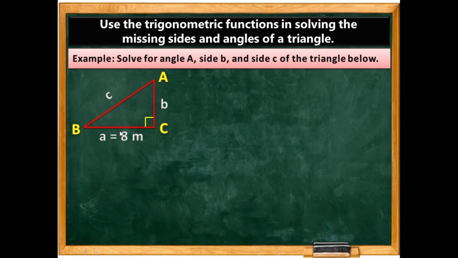So in this triangle, we also have the given angle B, which is 25 degrees. So let us examine the given parts of the triangle.